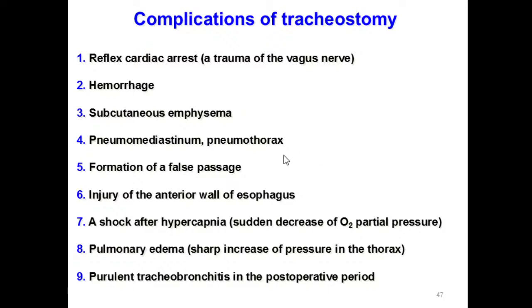The most common complications are, of course, bleeding, subcutaneous emphysema, sometimes formation of false passage, very rarely injury of the anterior wall of the esophagus, and purulent tracheobronchitis in the postoperative period, especially if this tube is functioning for a long time.